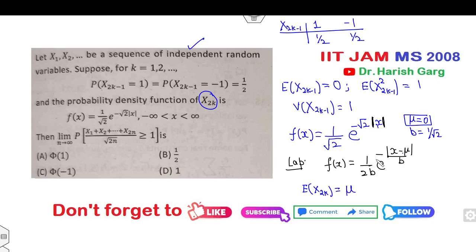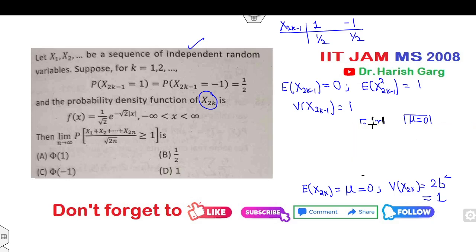Mu, if you compare them, 0. And variance of the x of 2k in case of the Laplace distribution, the answer is 2b square. So what is the b? 1 over root 2. So variance is 1. Fine. So I can summarize this here.